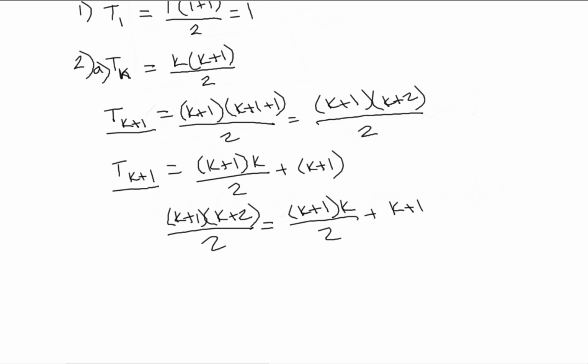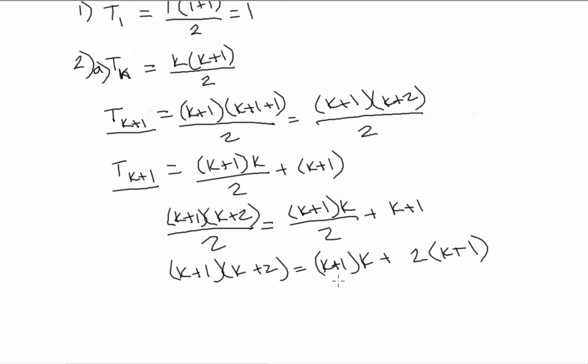Let's multiply both sides by 2 to get rid of that denominator. And we can see that then we get k plus 1 into k plus 2, which is equal to k into k plus 1 plus 2 into k plus 1.